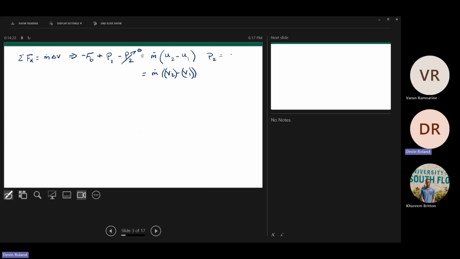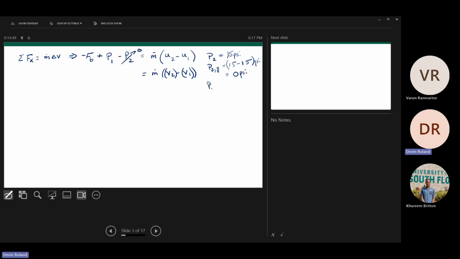PA is 15 PSI, so P2 gauge is 15 minus 15, or 0 PSI. That's why P2 goes to 0.